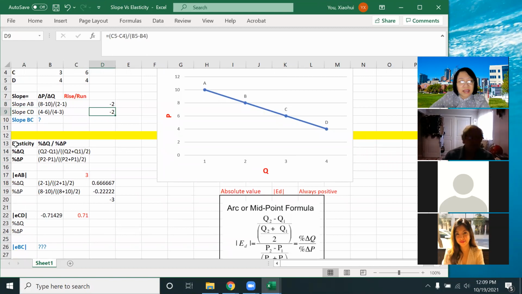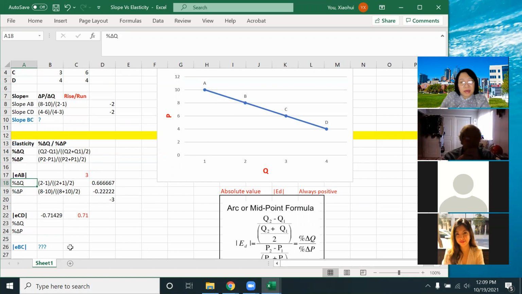And I have the elasticity here, the calculation, the percentage change on Q versus the percentage change on P. So the percentage change on Q, just this way, and versus the percentage change on P. So let's look at the first one, elasticity EAB. And then the calculation, the percentage change on Q will be this one.